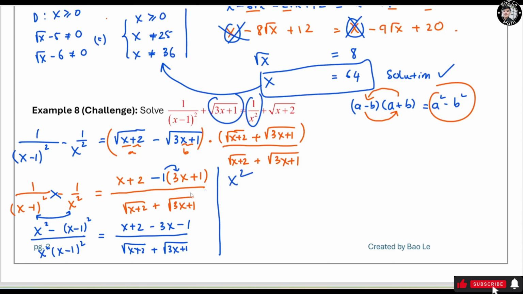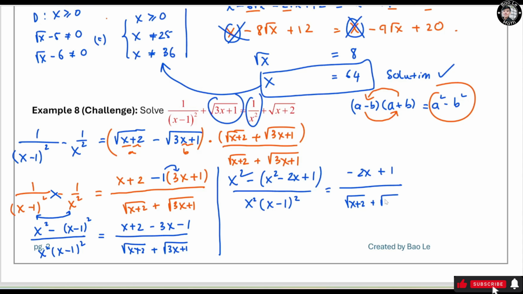S square, distribute this one using the complete square formula. So it could be minus s square minus 2s plus 1, right? Over s square times s minus 1 all together square, right? Equals negative 2s plus 1 over square root of s plus 2 plus square root of 3s plus 1, right?